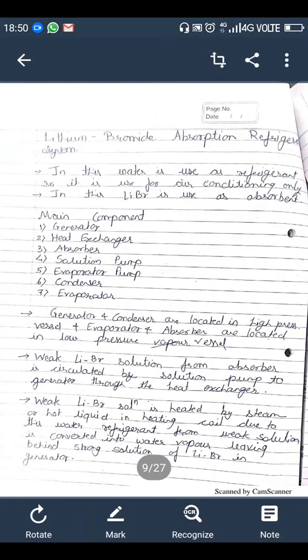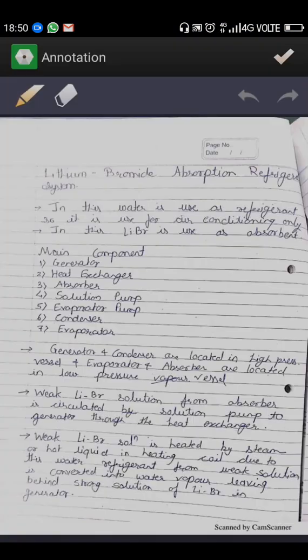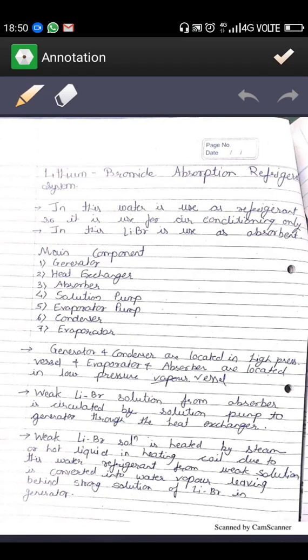In this lithium bromide absorption system, water is used as the refrigerant, so it is used for air conditioning only.